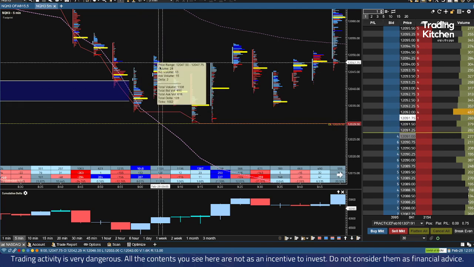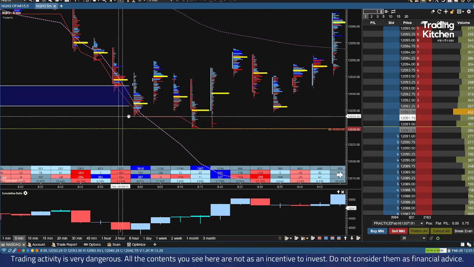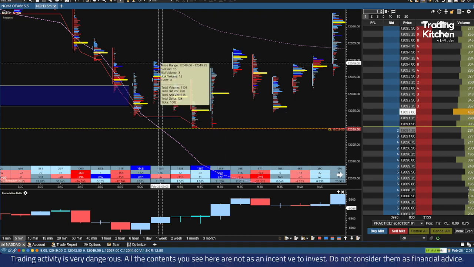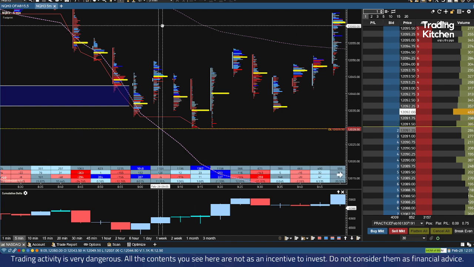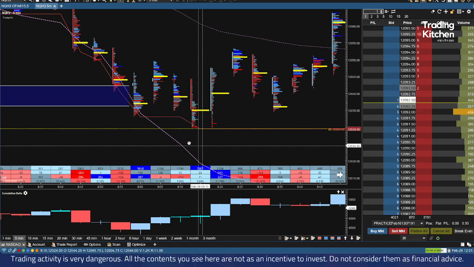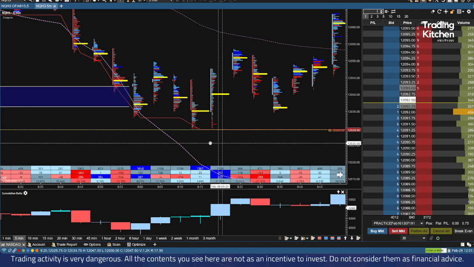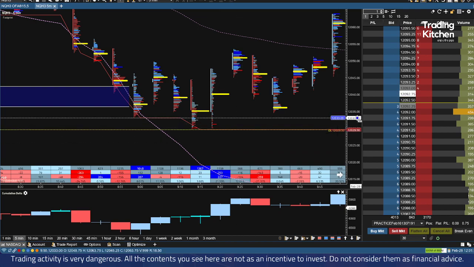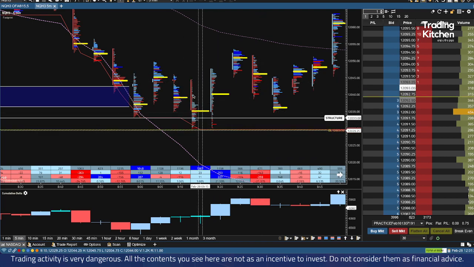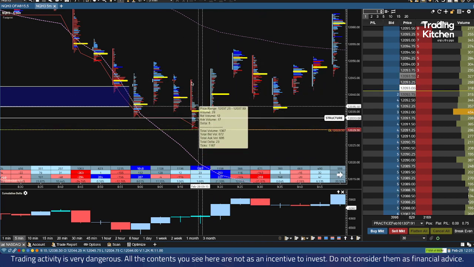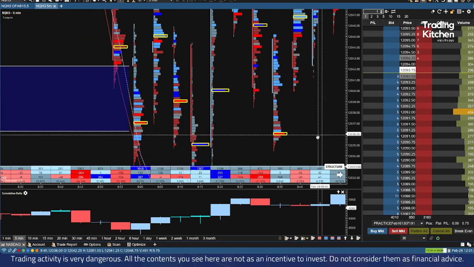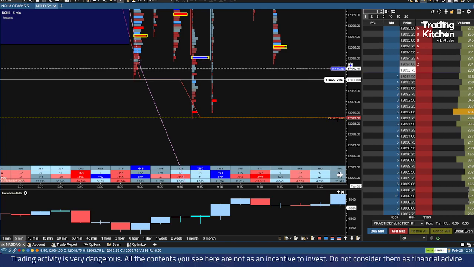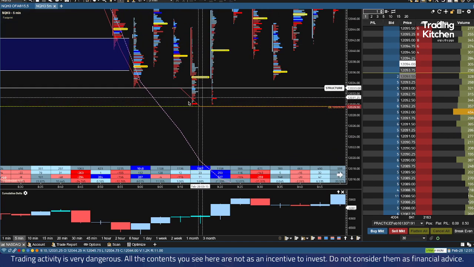Price then makes a new low here because sellers, as you can see, try to push price down again, but it was not able to, because this is the low that we have, and this low has not been broken anymore.